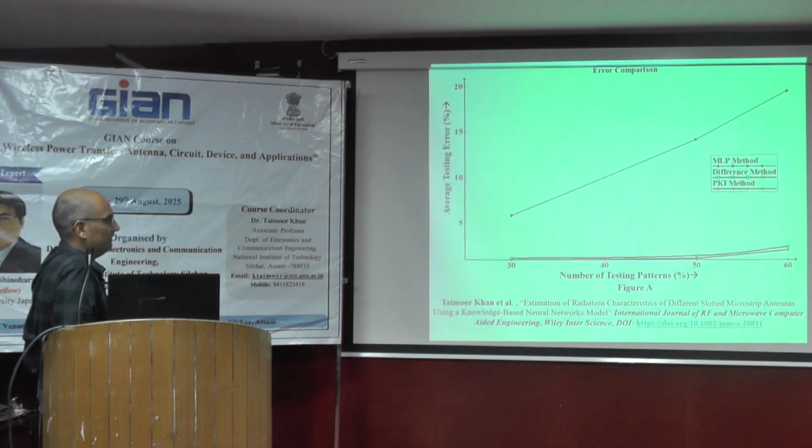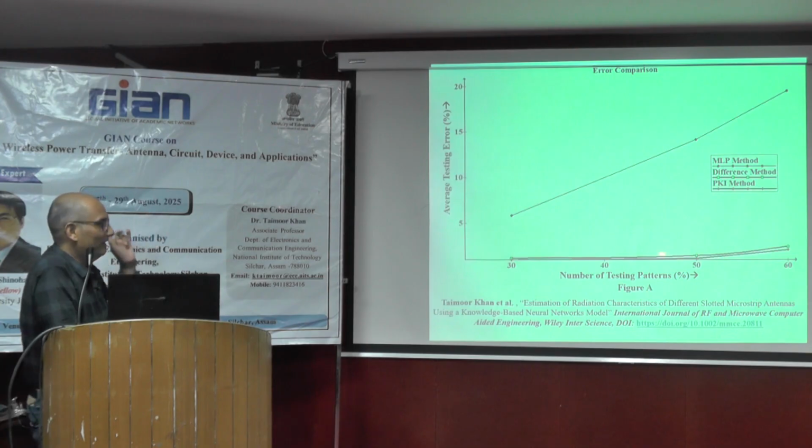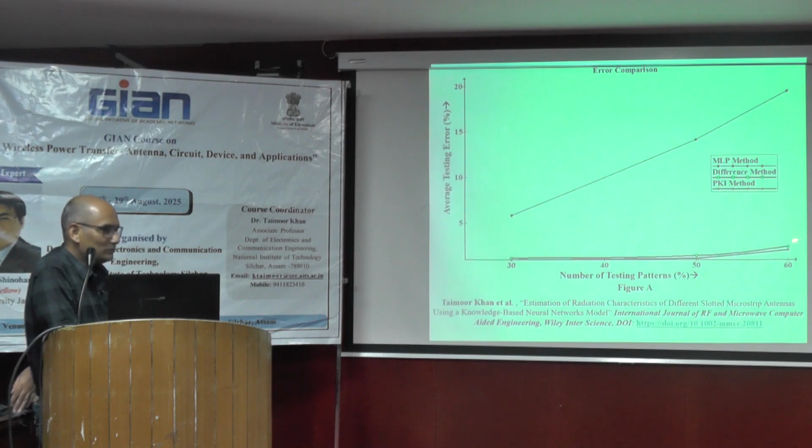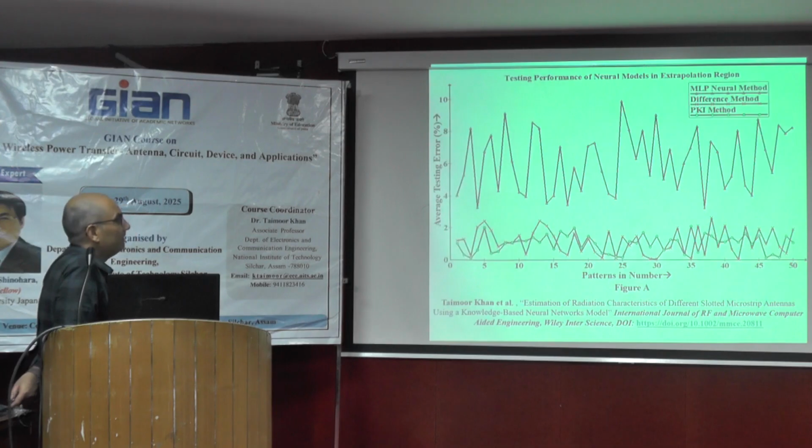For 30% testing patterns, the error is less when you make the testing patterns 40%. 40% testing pattern means 60% training pattern, and 50%, just see this one. Beyond that, the error starts to increase again, so you need a trade-off on up to what level you need to get the reduction in the error.